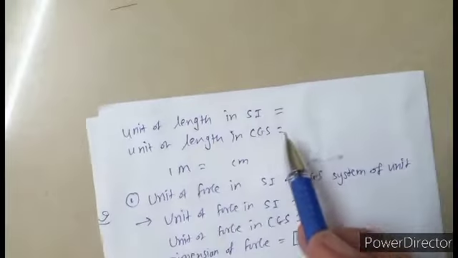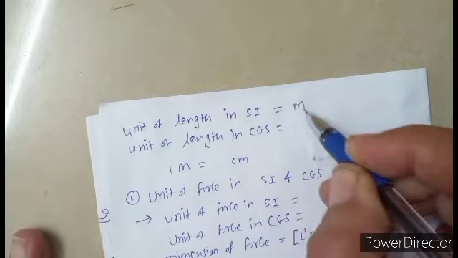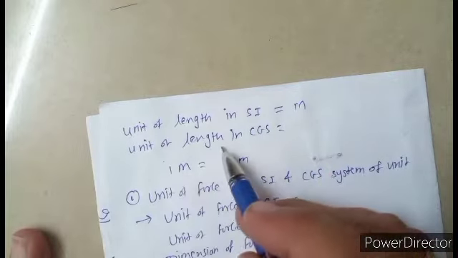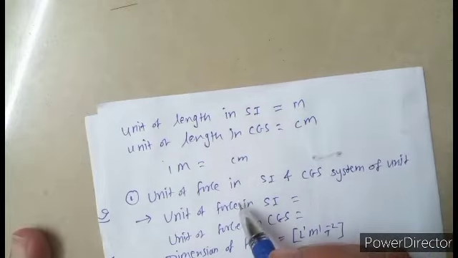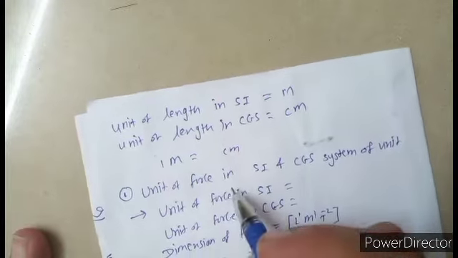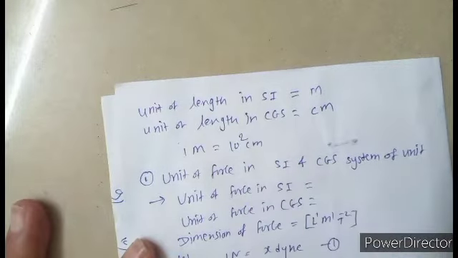we know the unit of length in SI system is a meter. Unit of length in CGS system is a centimeter. Also we have studied 1 meter is equal to 10 raised to 2 centimeter.